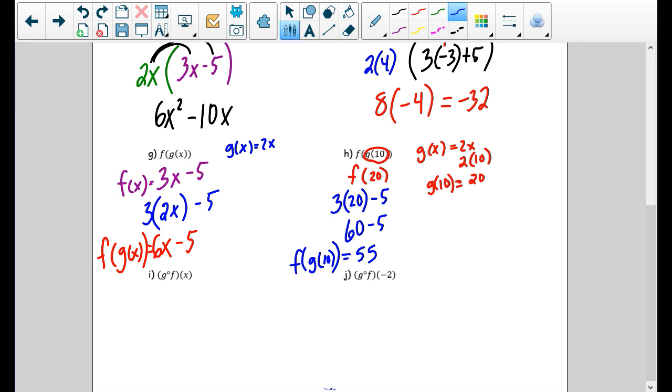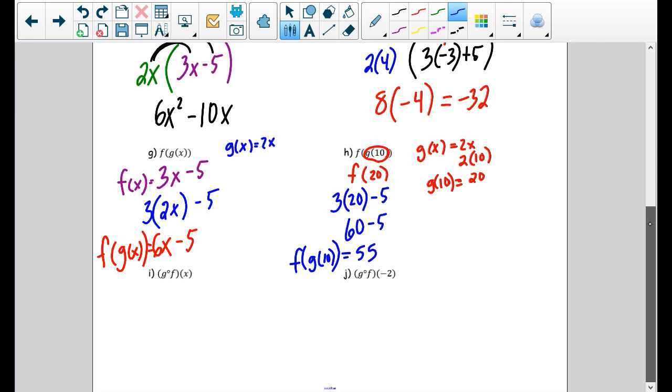Okay, so that's one way you can do this. Solve for what's in the parentheses for that g function, and then take that number, plug it into the f function. Okay? So going the other direction here, now we have g of f of x. So now we're going to take that g function, which is 2x, and we're going to plug that f function in.